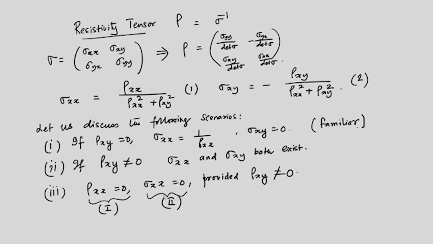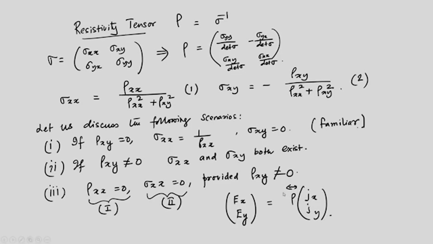If that is the reason, then what will happen is that Ex and Ey, the components of the electric field, are equal to rho times J, so Jx and Jy.